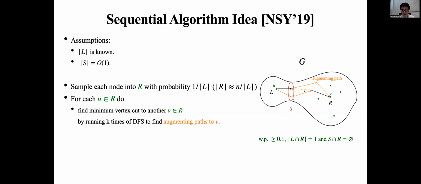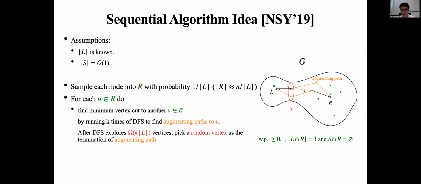That is just to guarantee that we are maintaining internal vertex disjoint paths all along the way. So after k times, we will get k internal vertex disjoint paths, which is a certificate that S is larger than k. And if not, then it is a certificate that we already found a small vertex cut of size less than k. So this is just identical to the MaxFlow algorithm.